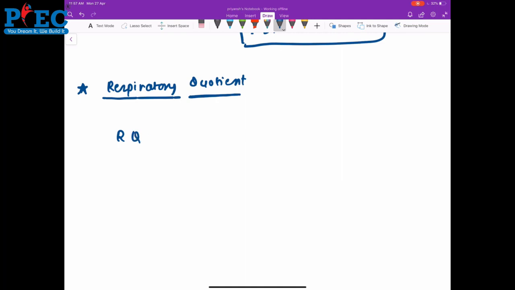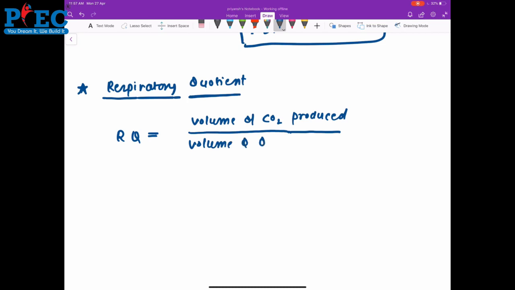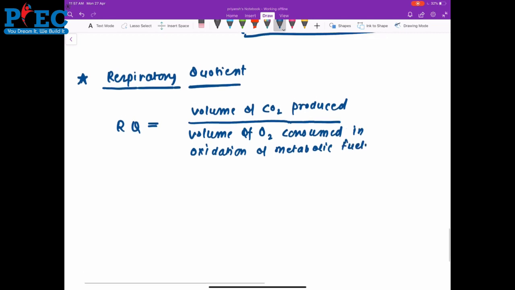The formula of respiratory quotient is volume of carbon dioxide produced divided by volume of oxygen consumed in oxidation of metabolic fuel.